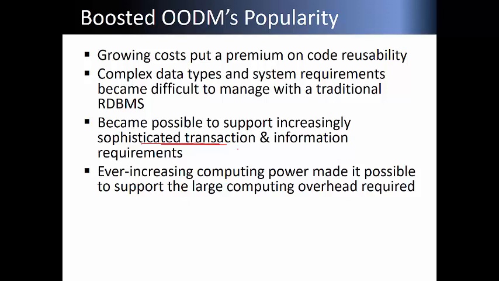In object-oriented databases, you simply traverse. You can propagate from one class to another class and another class. You can jump. That is possible, so very sophisticated transactions are possible.